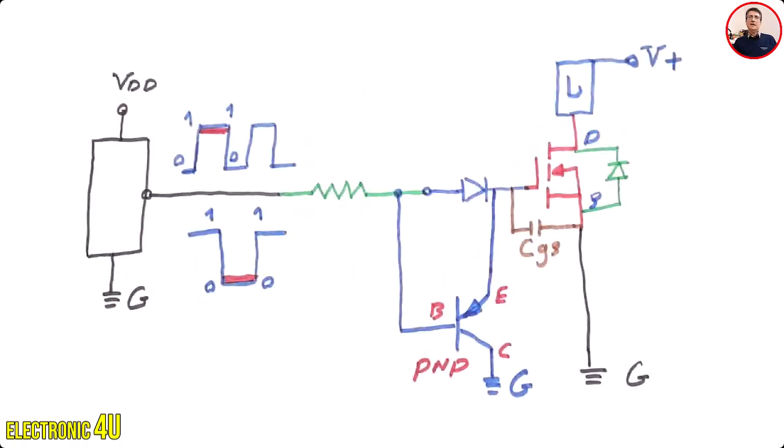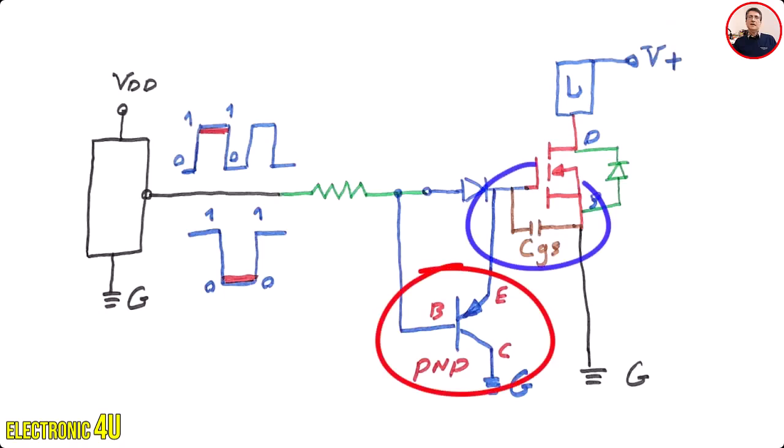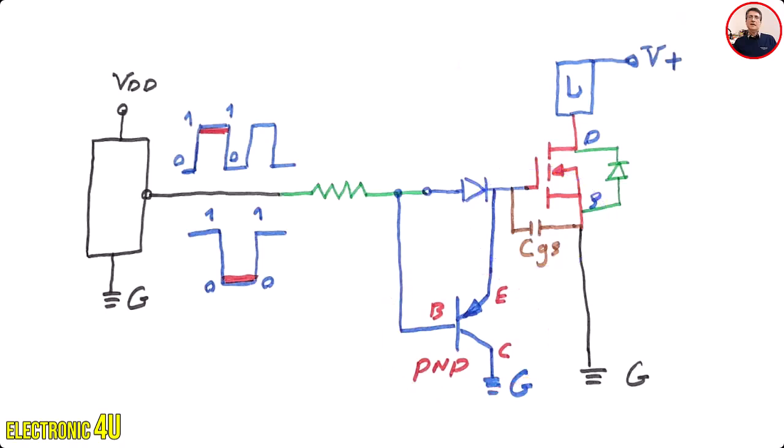The next method is to use a PNP transistor on the gate, which causes the voltage of the CGS capacitor to go to zero. When the MOSFET turns on, the current passes through the diode and the MOSFET turns on. In the next half cycle, the zero voltage reaches the base of the PNP transistor through the resistor RG and the transistor turns on.